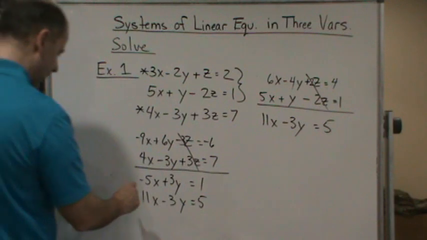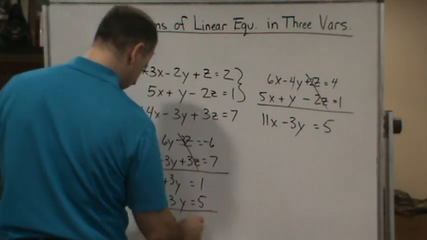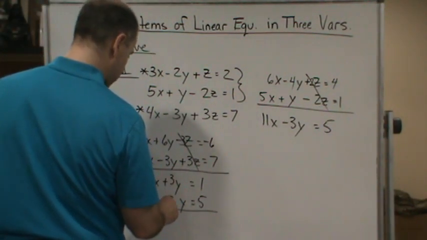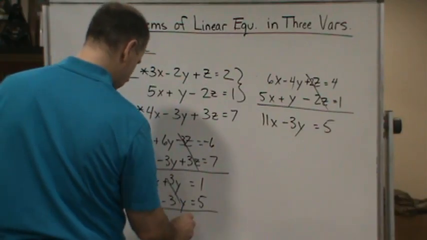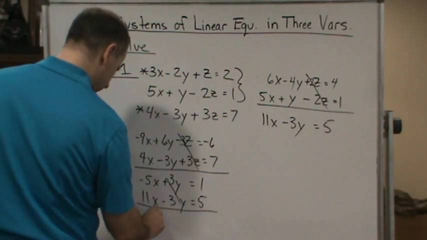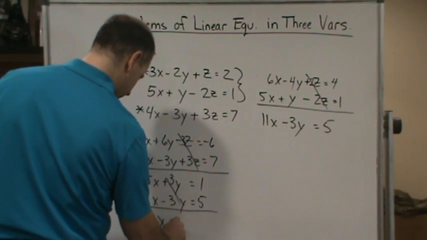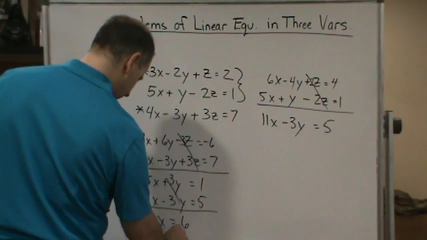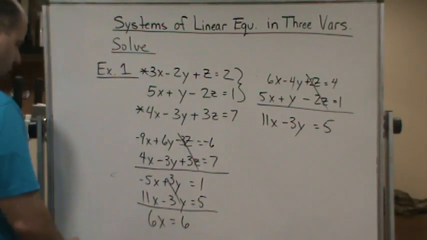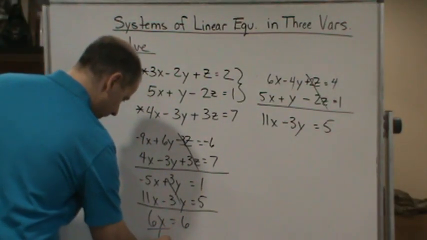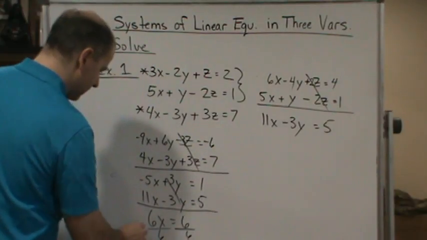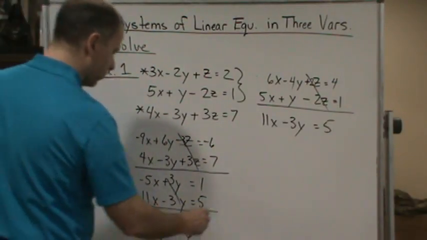So let's just add them. Easy. If we add these, these are going to drop out, and we're going to end up with 6x equals 6. And what does that give us? If we divide by 6 on both sides, we get x equals 1.